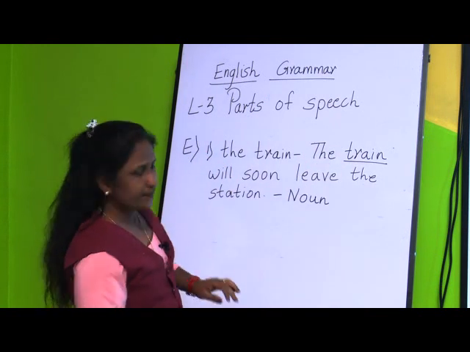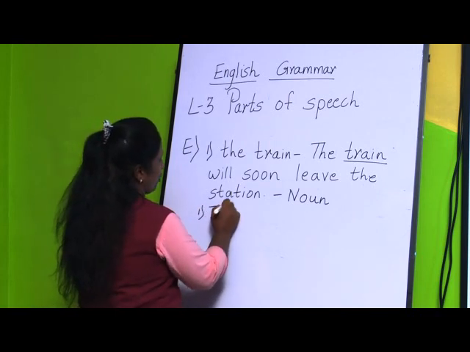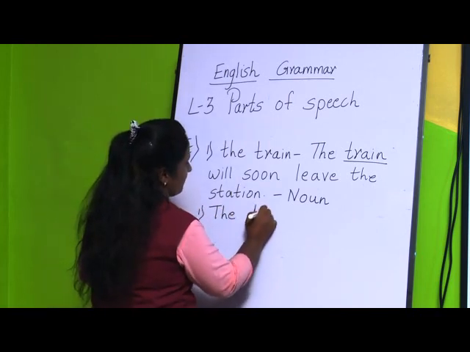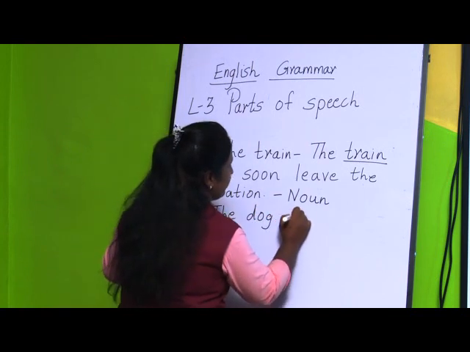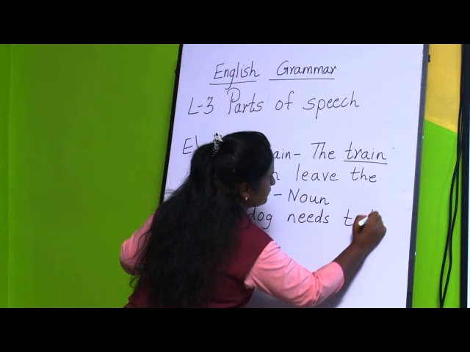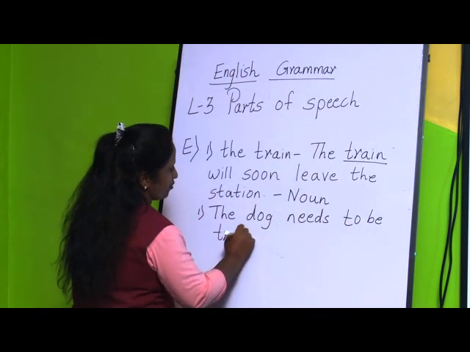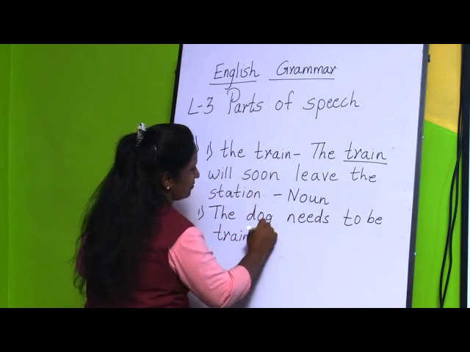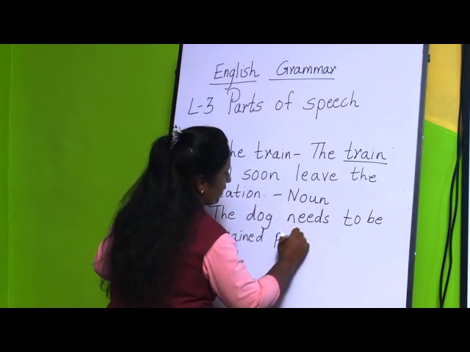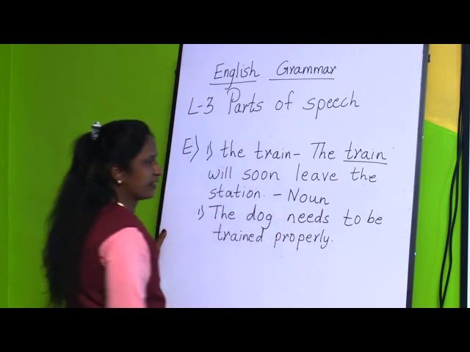See, the dog needs to be trained properly. So I have to give some training to the dog, and we have to give proper training so it doesn't harm anyone.